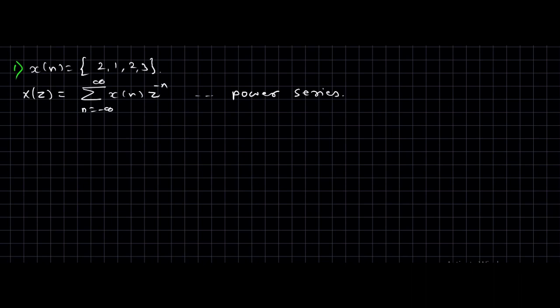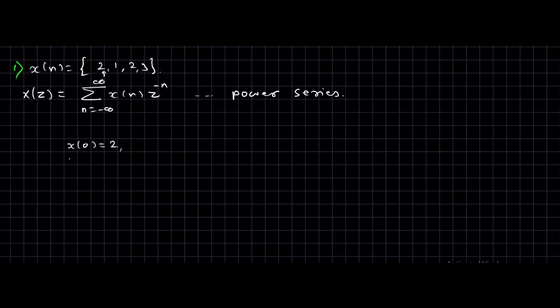So what is given? Here the arrow is indicated. Arrow means n equal to 0. So x of 0 is given, so 2. For the first example, let us write each and everything so that you can understand how to solve the z transform of this given sequence.